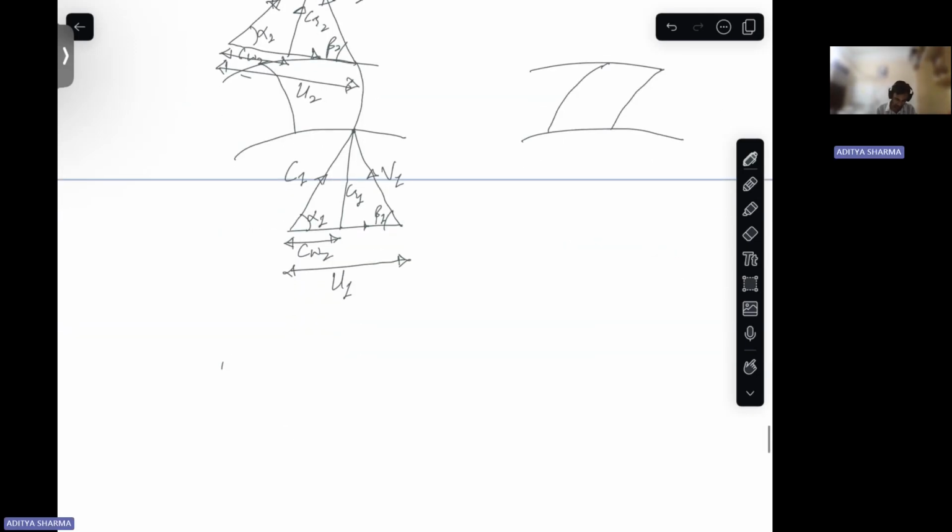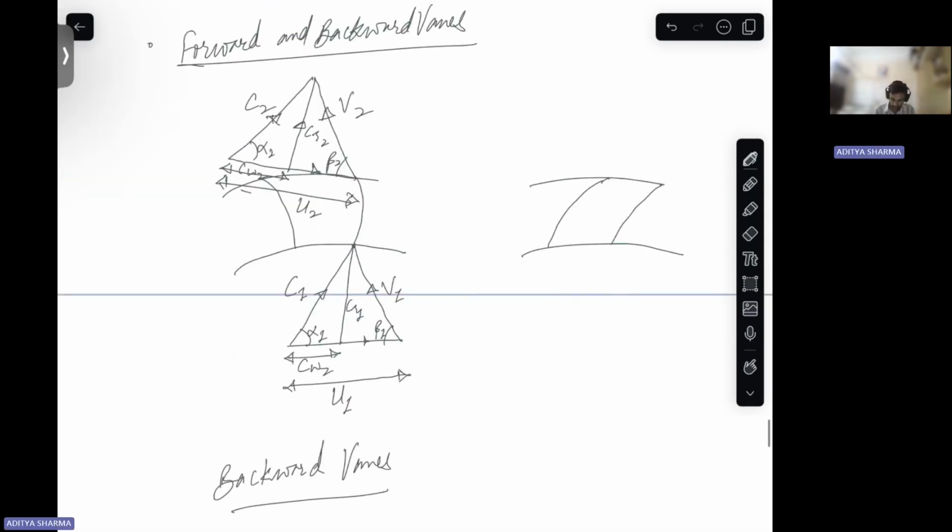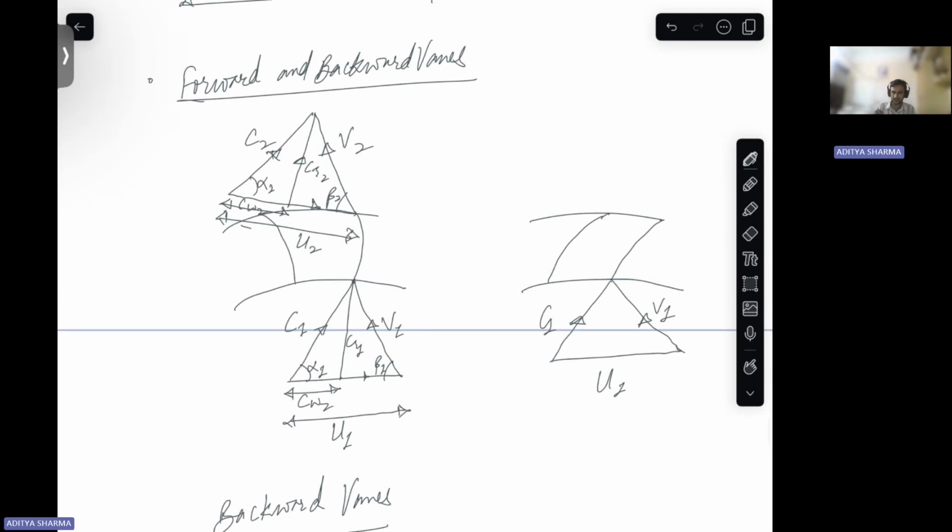So I have drawn first backward, then I'm drawing the forward one. If you want to have the radial and tangential, you can just draw that. Okay, skip that.